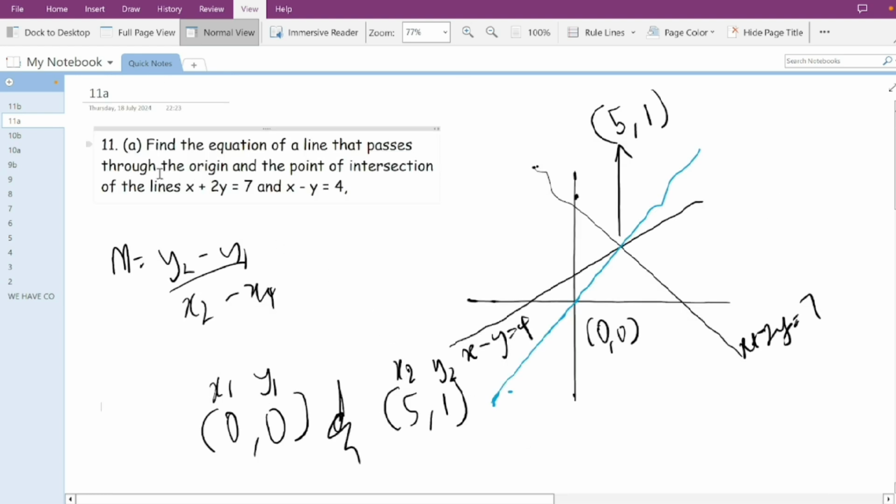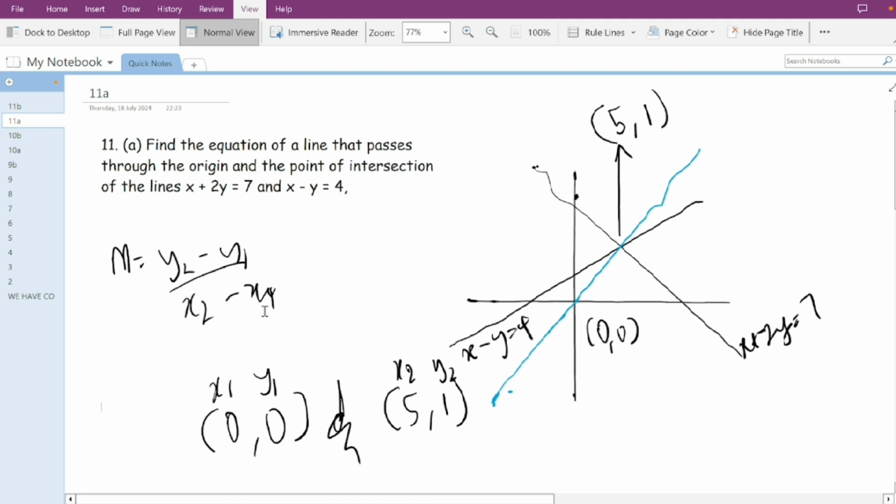For a quick recap or summary of what we did, it says find the equation of a line that passes through the origin and the point of intersection of the lines x plus 2y equals 7 and x minus y equals 4. To solve this question, we need the gradient of that line and at least a point on that line. We have a point already, which is the origin (0, 0).